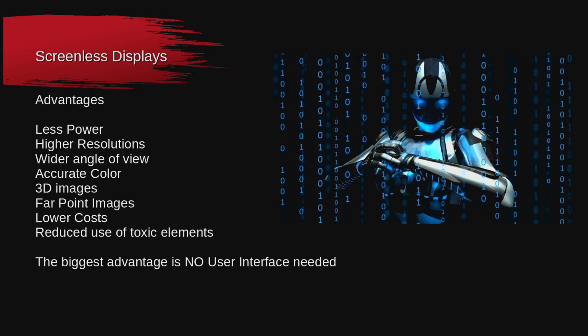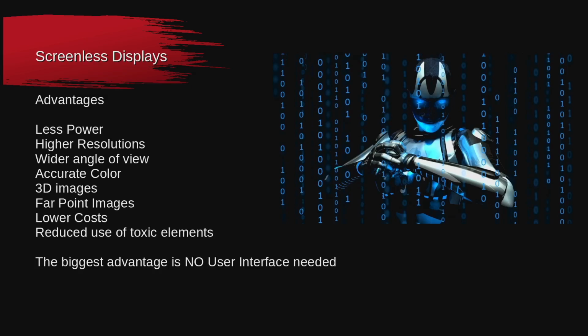So what are some of the advantages of screenless displays? Well, first of all, they use less power. They don't need to turn on lights on a screen, so you don't have that energy loss. Also, you can work with higher resolutions than you would normally be able to by trying to recreate that same image on a display.